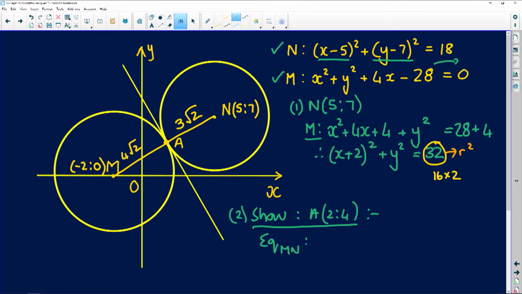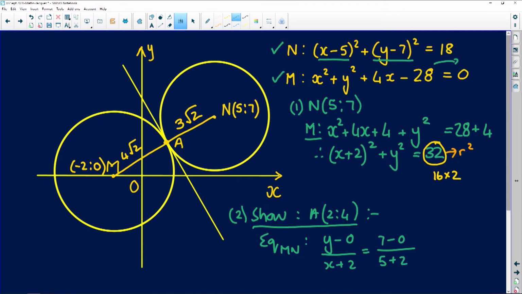Now what do I have? I have 2 points. So I have y minus 0 over x plus 2 is equal to 7 minus 0 as a gradient divided by 5 minus minus 2, which will be 5 plus 2.